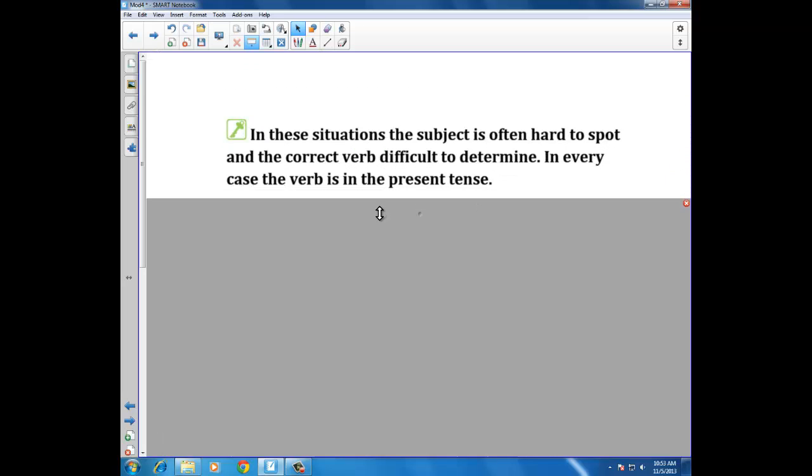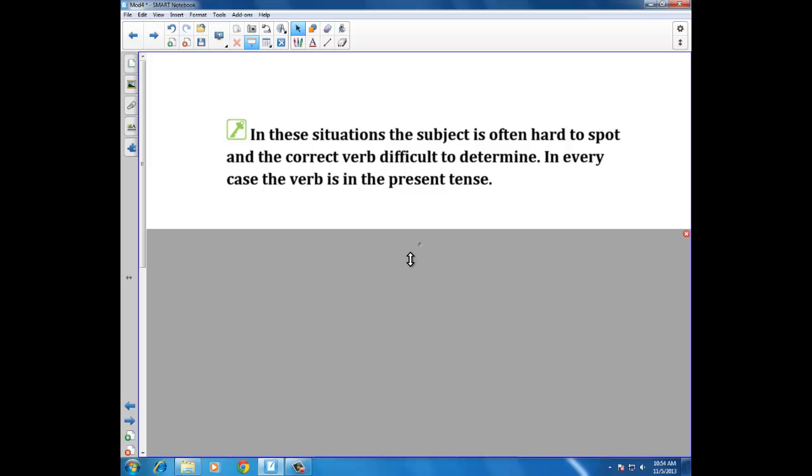In these situations, students, after hearing the correct answer according to SAE, often exclaim, "That sentence just doesn't sound right." In the following situations, the subject is often hard to spot and the correct verb difficult to determine. In every case, the verb is in the present tense.